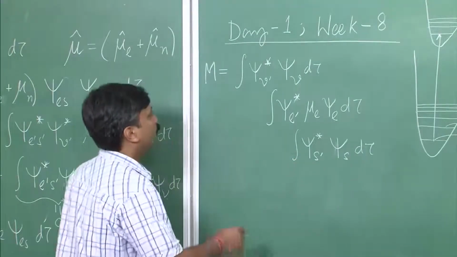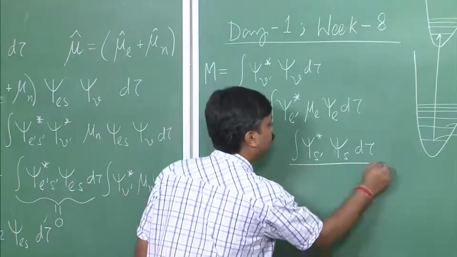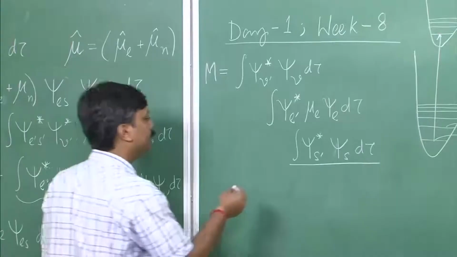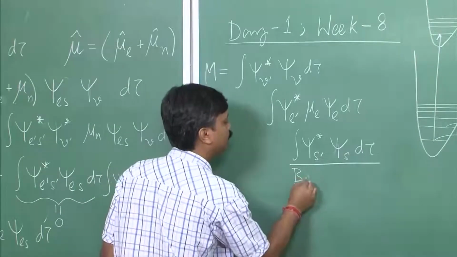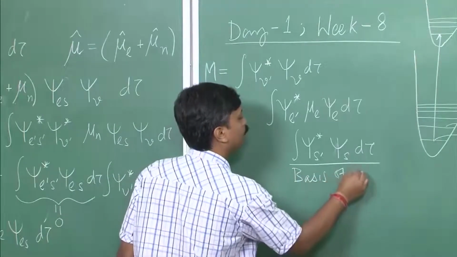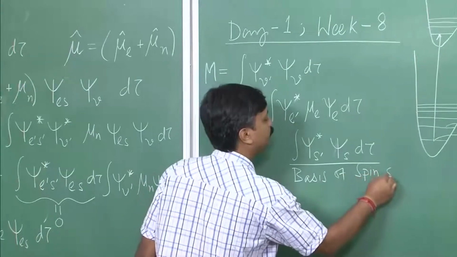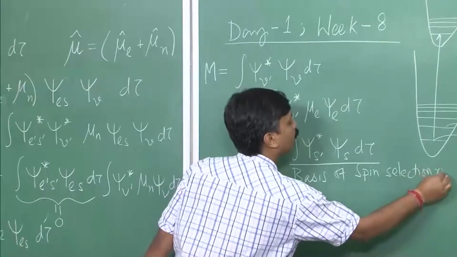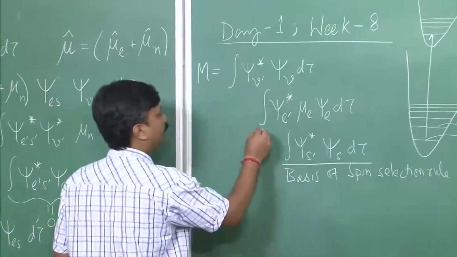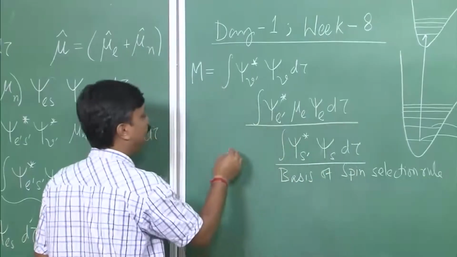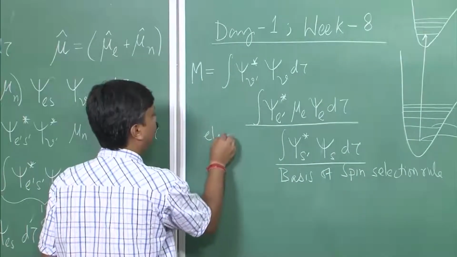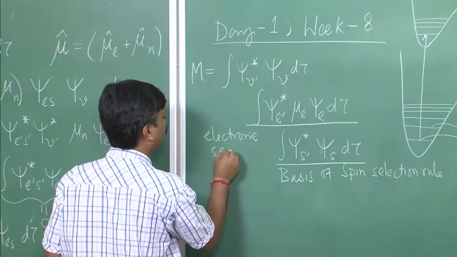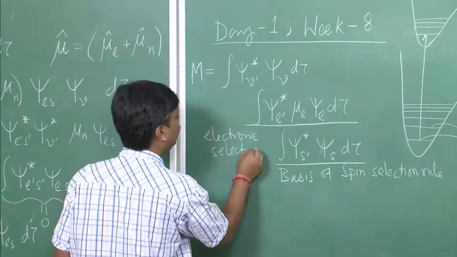Now this particular integral is the basis of the spin selection rule. And this integral is the basis for the electronic selection rule, or selection rule for electronic transition.